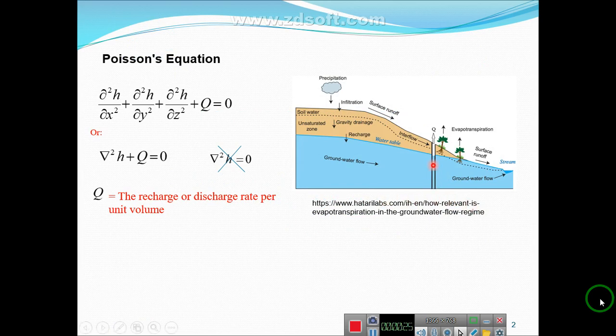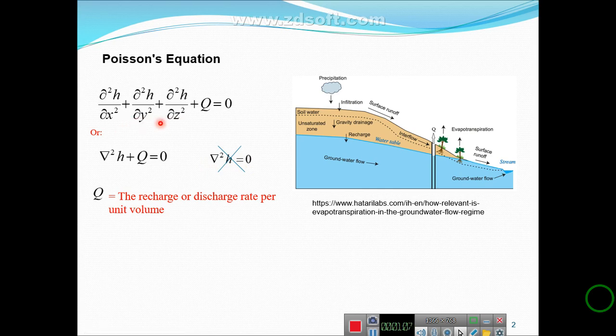The water that is removed from the aquifer by pumping, or the water that enters the aquifer as a result of precipitation, are considered to be sink or source terms for the groundwater flow equation, which cause the Laplace's equation not to be established in all points inside the aquifer medium. In this case, Poisson equation is used instead of the Laplace's equations.